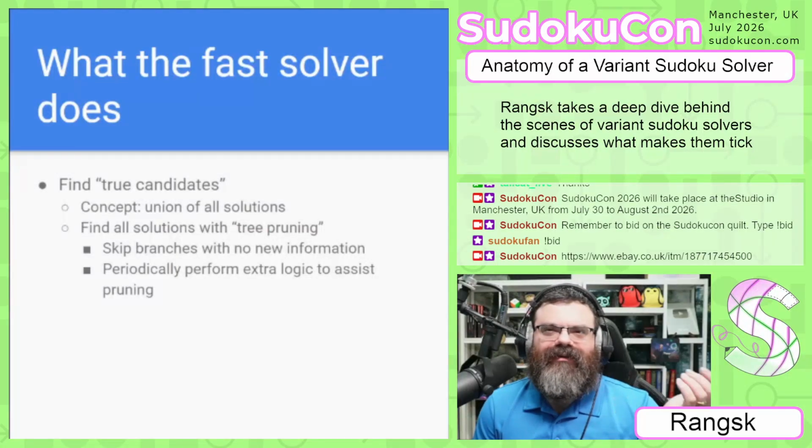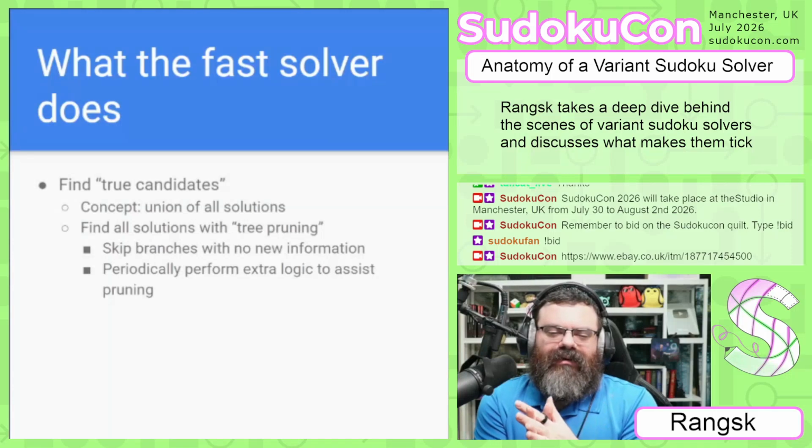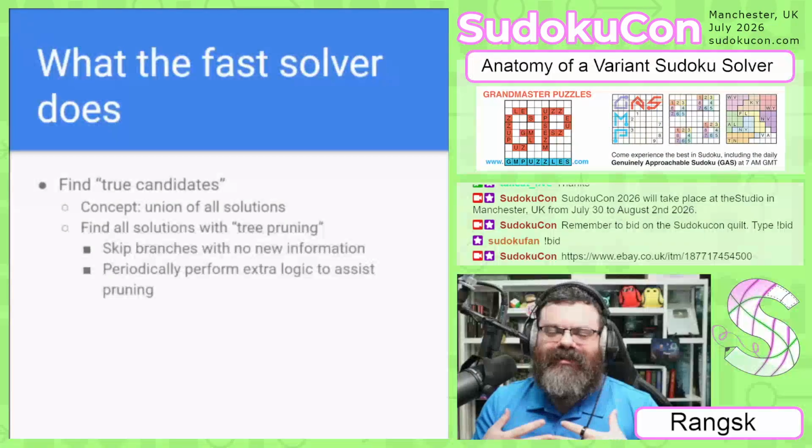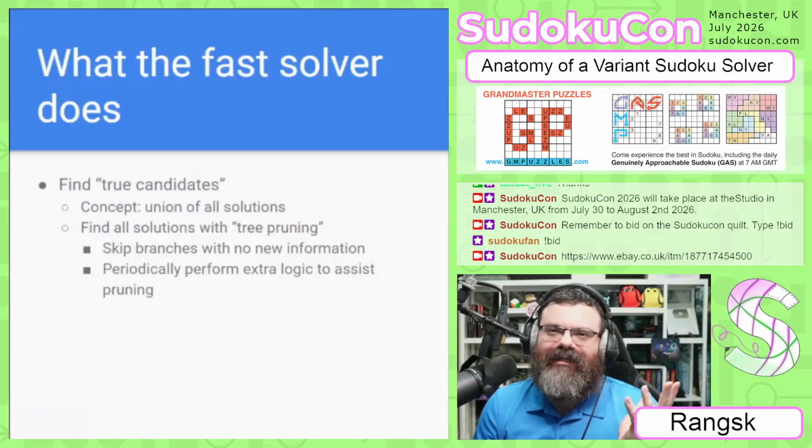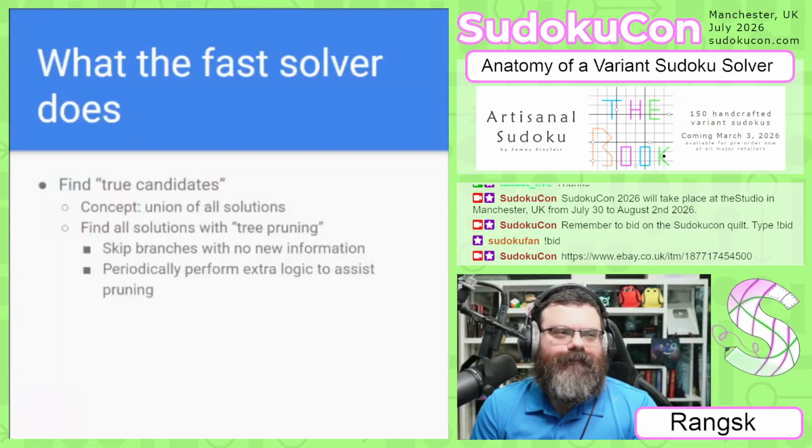I'm sure that it's not completely unique to me, but by approaching the solver wanting it to be useful to setters, and me being a setter myself, I said, "Hey, this is something that's going to be really useful to me," and I really needed it for a puzzle I was working on, and so that's why I implemented it. And it ends up being the most popular feature of my solver, and tons of setters use it. Some setters avoid it because it's not their style, but that is the true candidates.